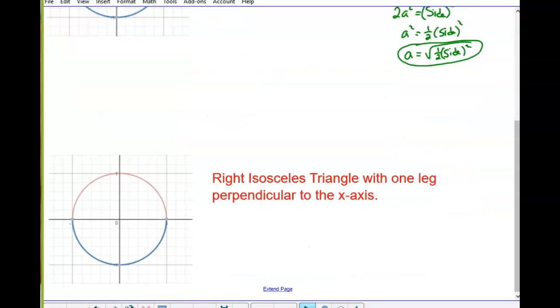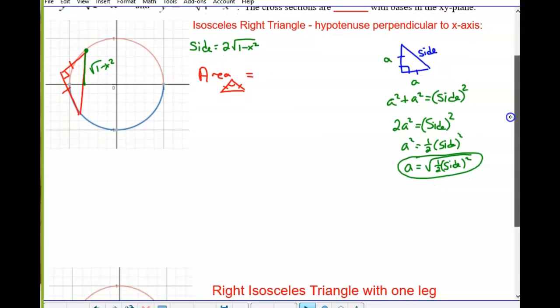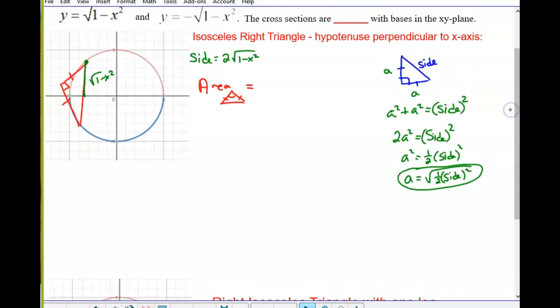I'll slide this down. So then I want the area of that triangle, which is 1/2 base times height. Well, in this case, because it's an isosceles, the base and the height are the same thing.